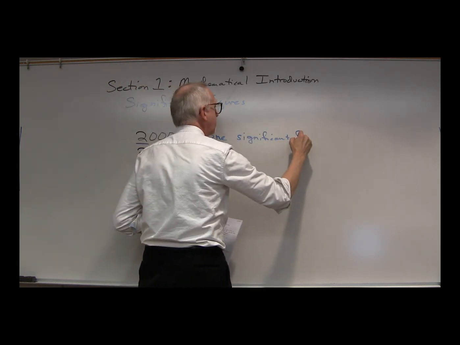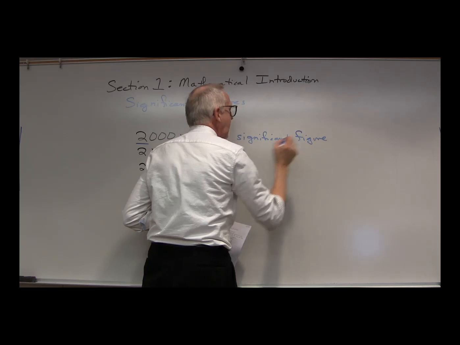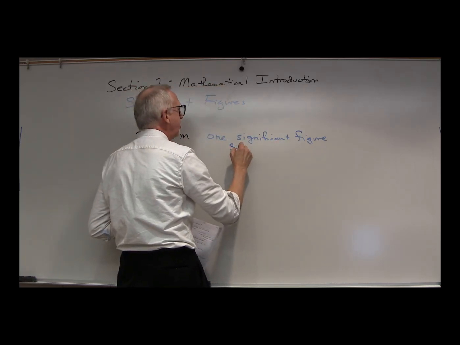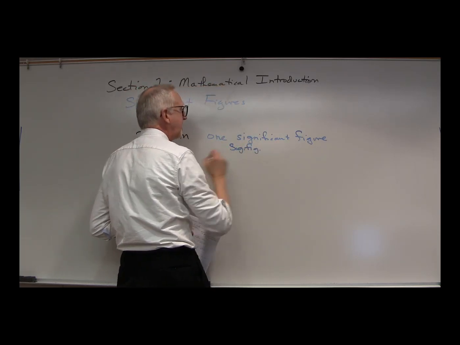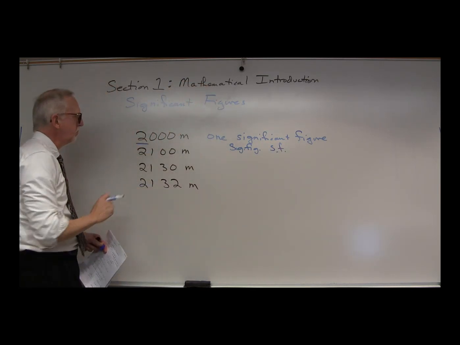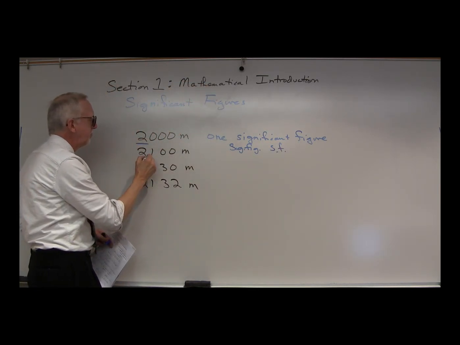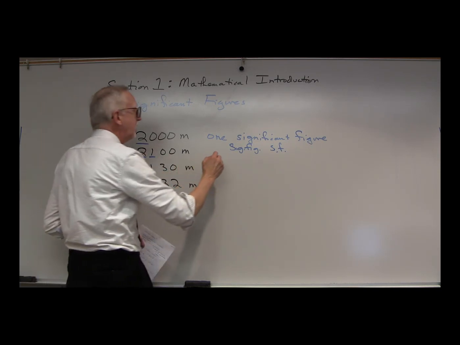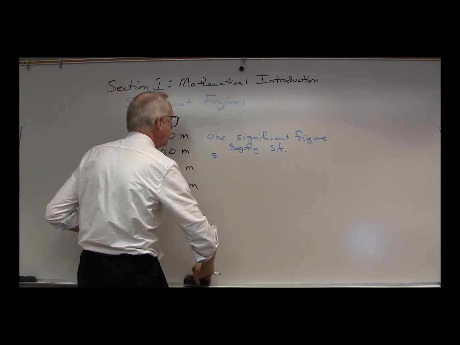I will sometimes shorten this to sig fig, and sometimes even shorter to just SF. 2,100, we would say that has 2 sig figs.